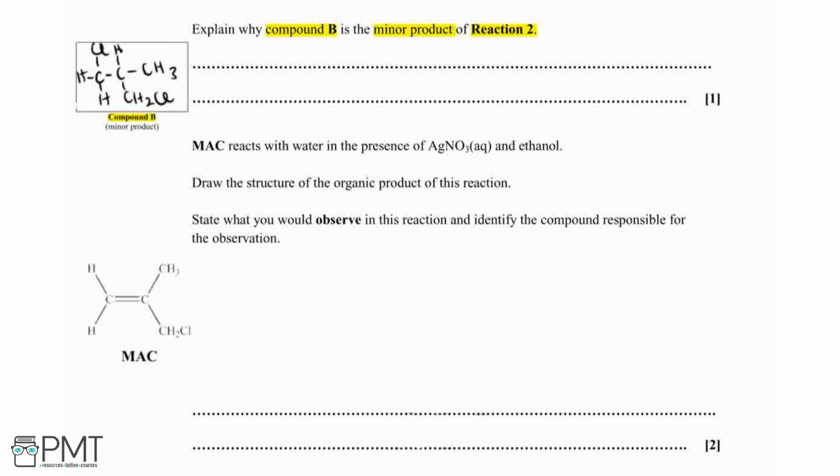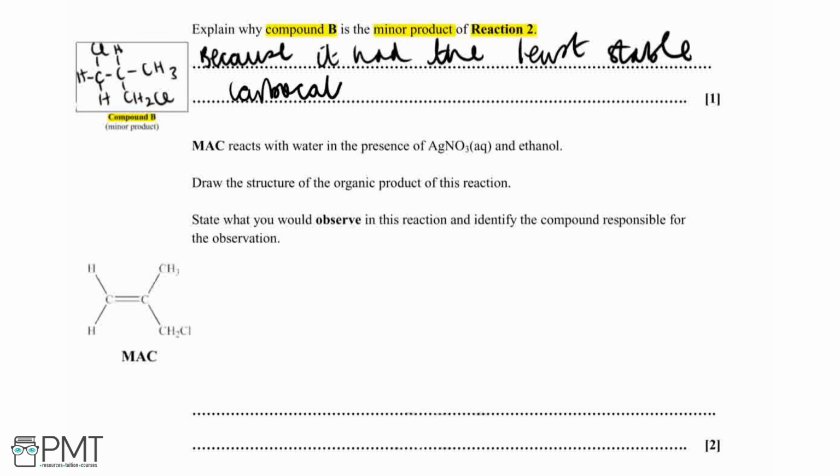The reason why this was the minor product was because it went via the least stable intermediate, so it's because it had the least stable carbocation intermediate overall. And you need to say all of those points in order to get this mark for this question.